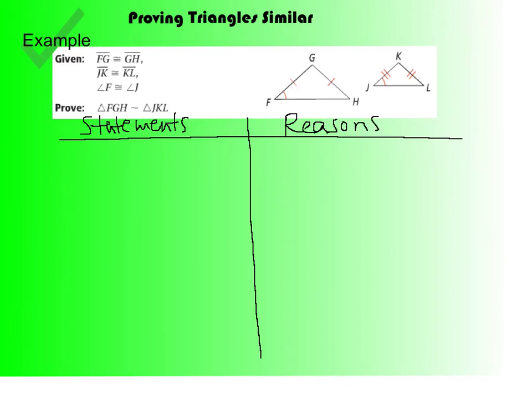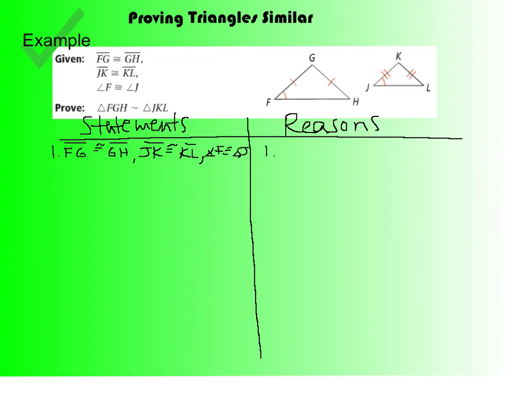Okay, so the first thing that I'm going to do is write in all of my givens. So for step 1, I have FG is congruent to GH, and JK is congruent to KL. And also one last thing is that angle F is congruent to angle J.